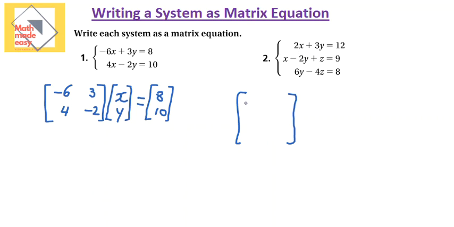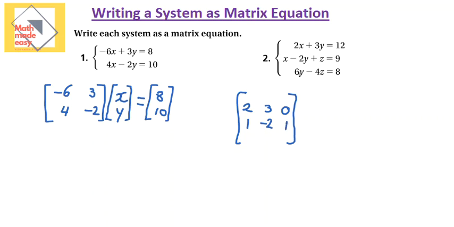Now in the first equation I have 2x, so I'm going to put 2 here first, then 3y, and I don't have a z. This means that the variable z has been multiplied by 0, so its coefficient is 0, so this is where a 0 goes. If I look at the second equation, the coefficient of x is 1, then -2 for y, and also 1 for z.